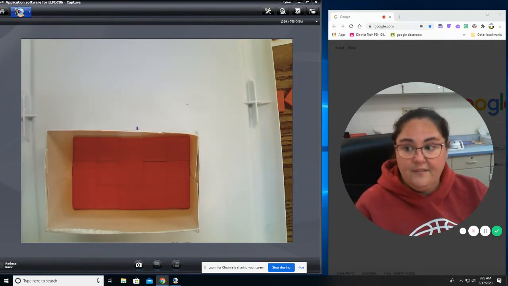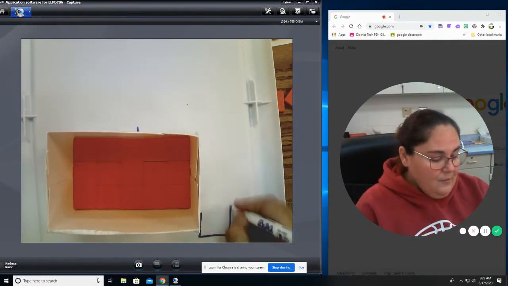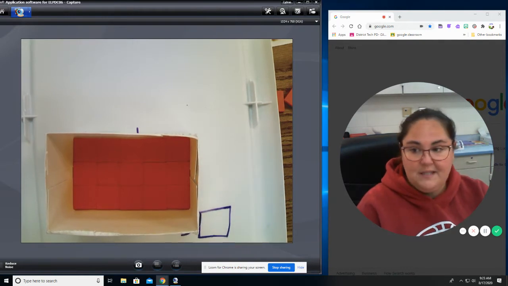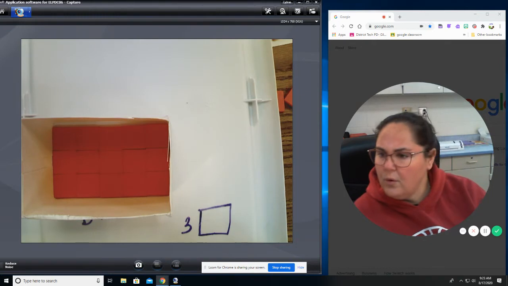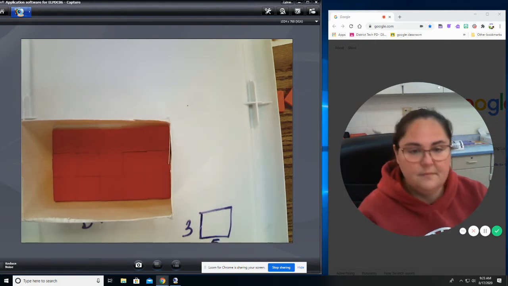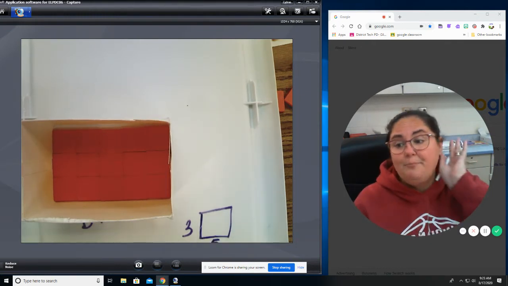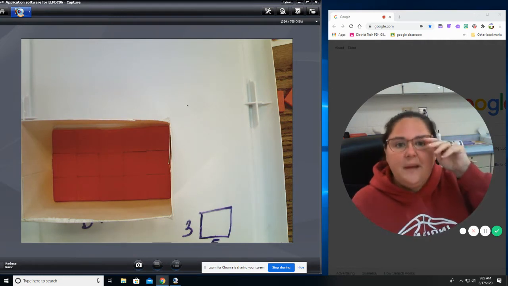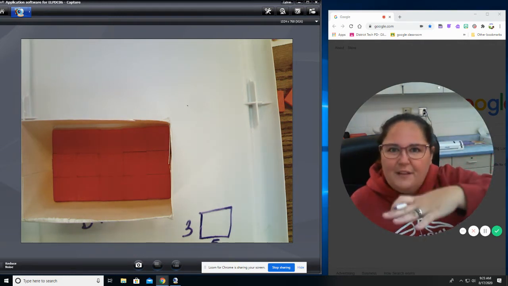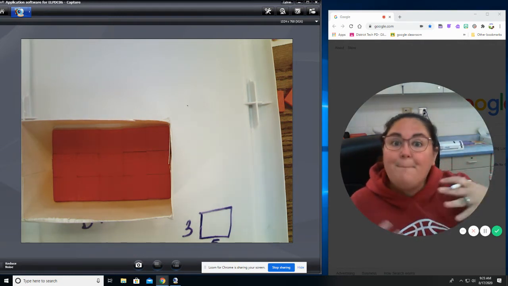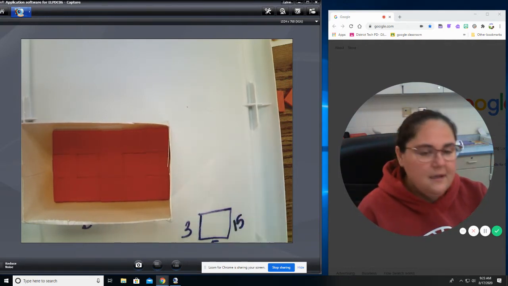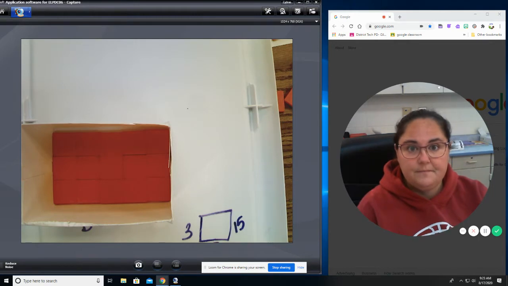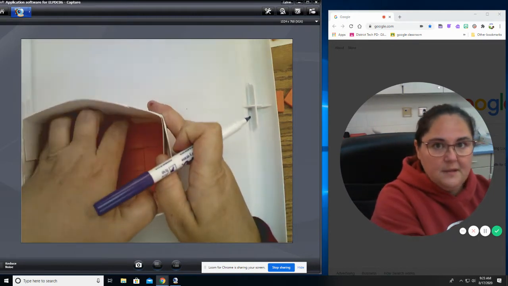My bottom rectangle is 3 pieces by 5 pieces. This is called your base. It's called the base because it's like the foundation that everything else is going to sit on. So my base for this picture is going to be 15 cubes, or 15 squares. Okay? So keep that in mind.